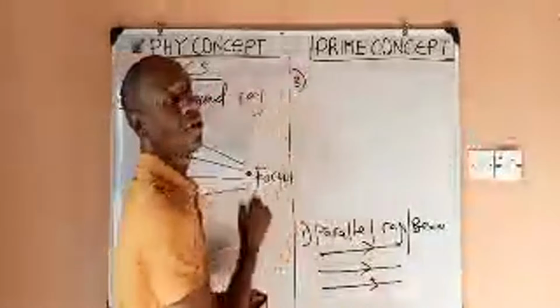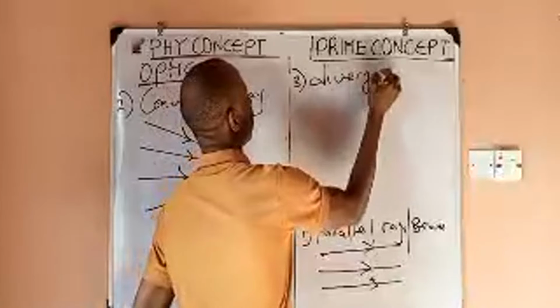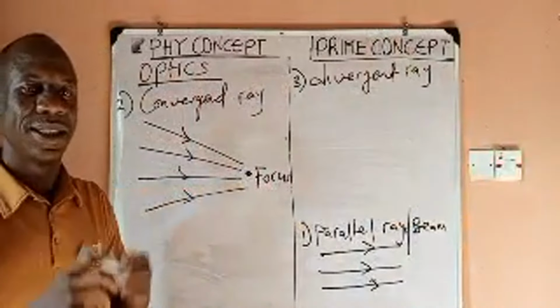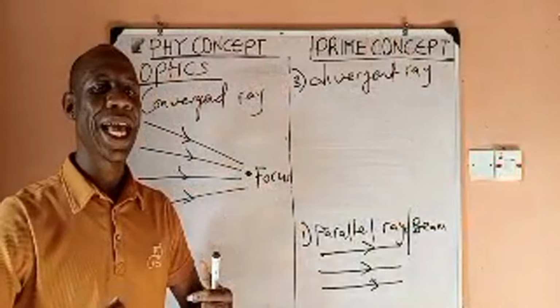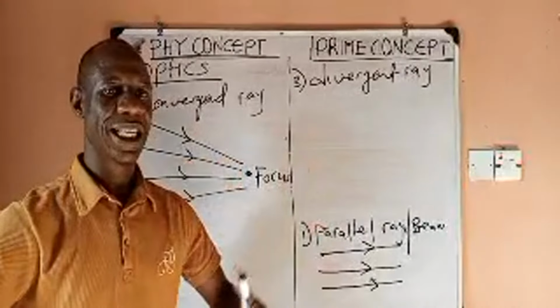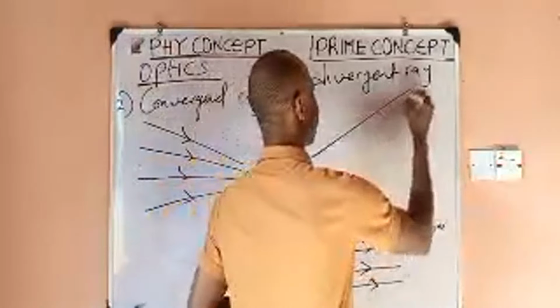Number three type of ray you have is divergent ray. What are divergent rays? Divergent rays are rays that emanate from a point and spread. So this is divergent.